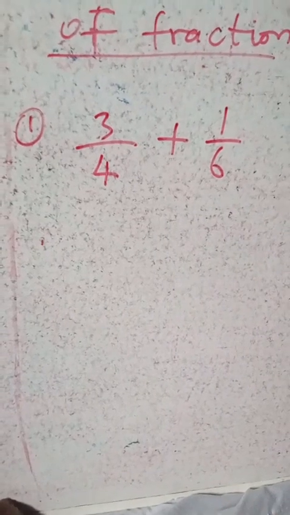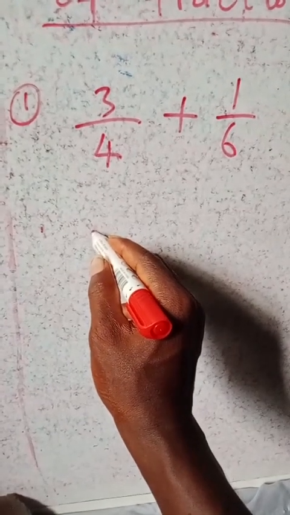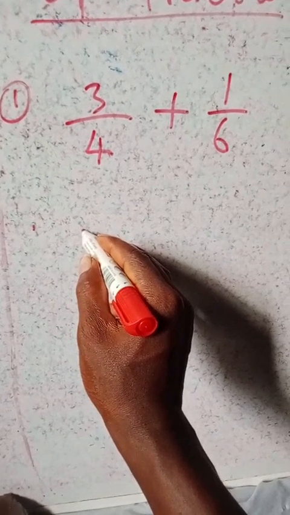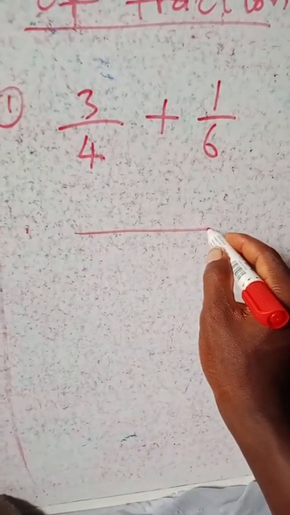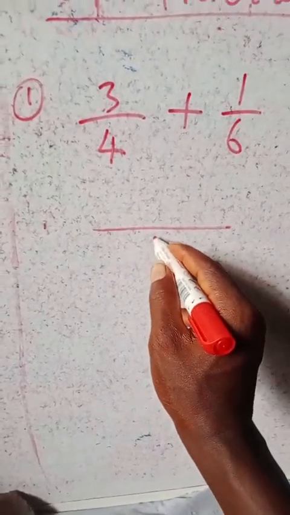Now you find the LCM as 12. So what you do is to rule a line under the fraction above. You rule a line like this. Now you write the LCM under the line.